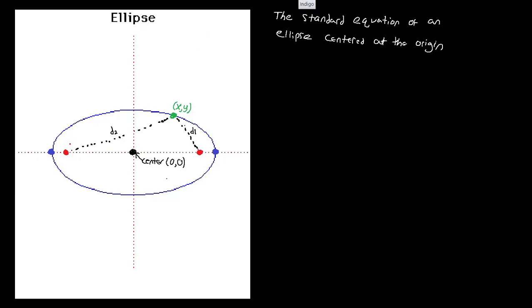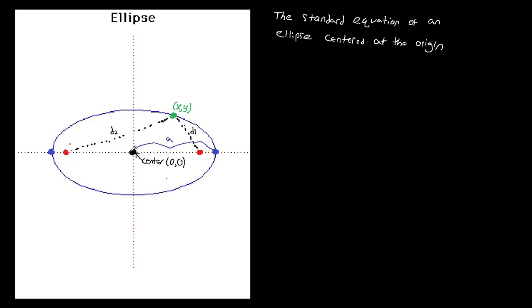So I want to define 2 more sets of distances. The first is this distance here from the center of the ellipse over to the positive vertex. We're assuming that this direction is positive in x. So the distance from the origin to the positive vertex, we're going to call that distance a.